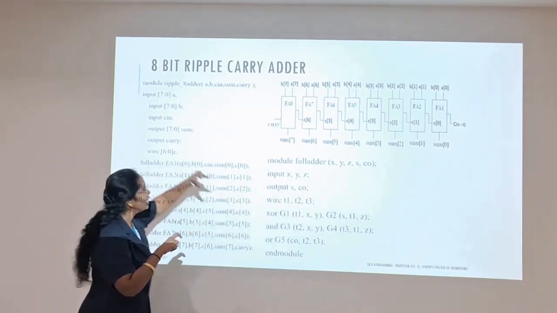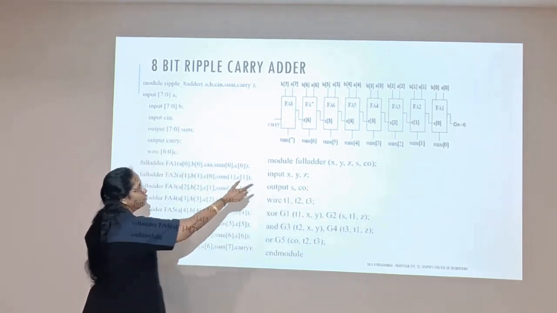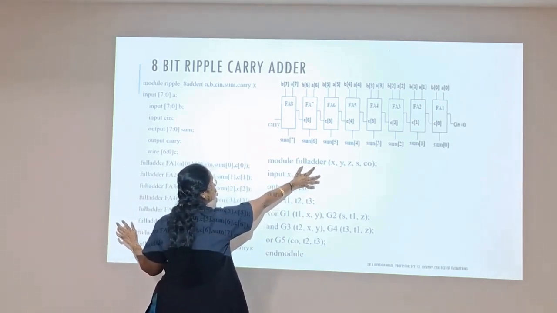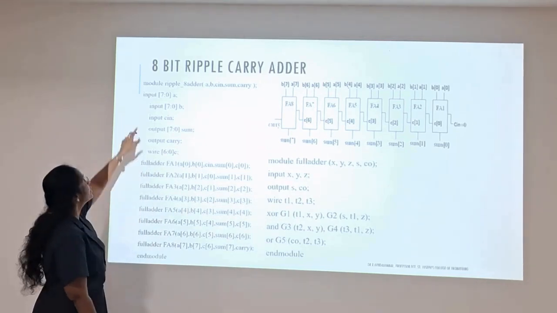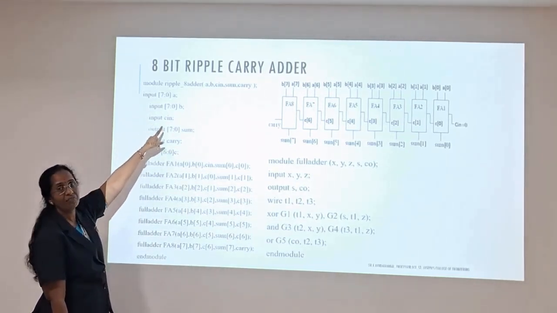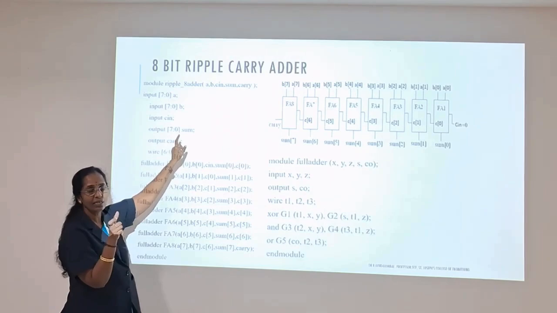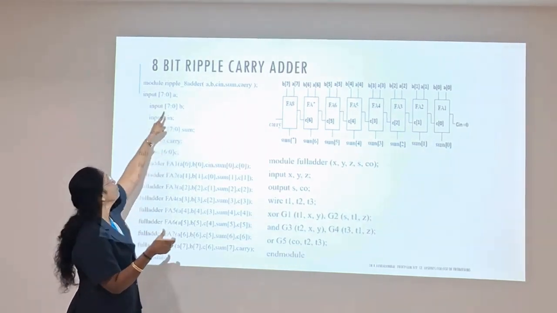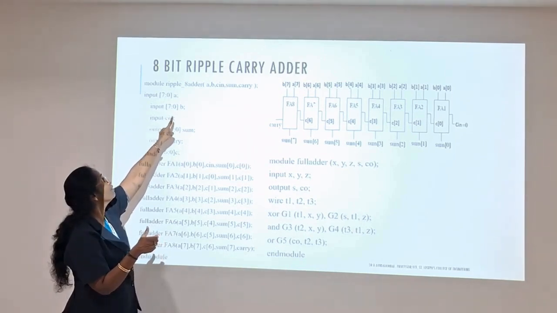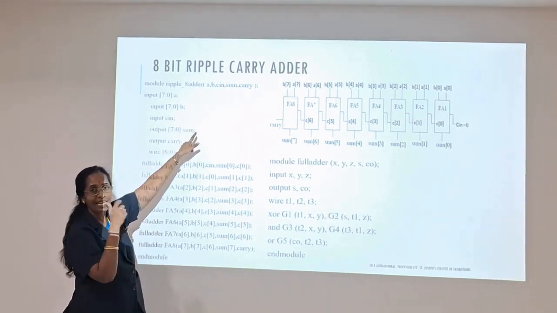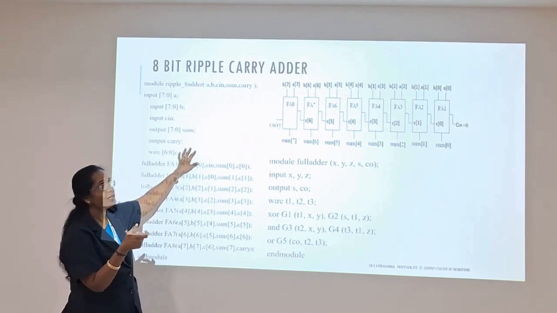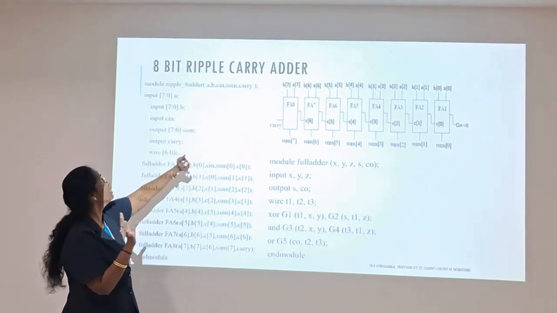The name given here is full adder. Now I have given the main module the name ripple8adder. It is a user-friendly name; you can give any name for it. Then A, B, C are new input variables I have chosen, and sum and carry are my outputs.